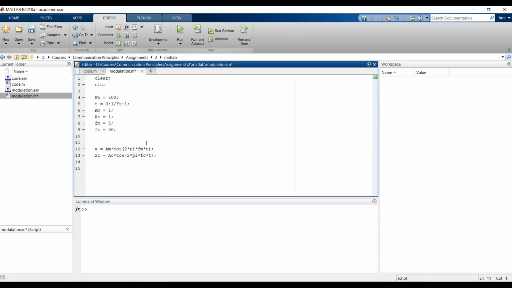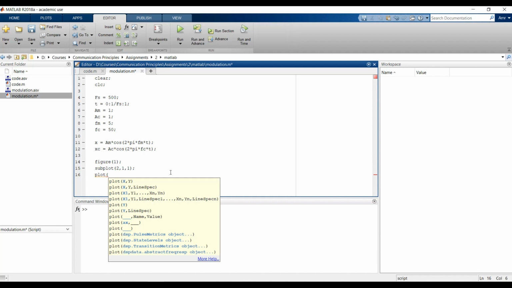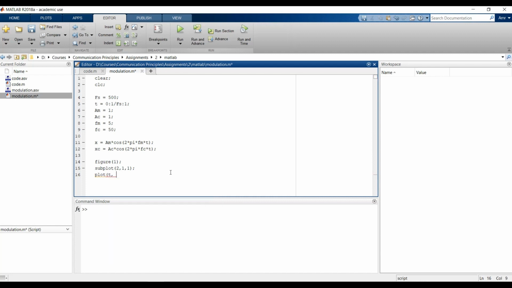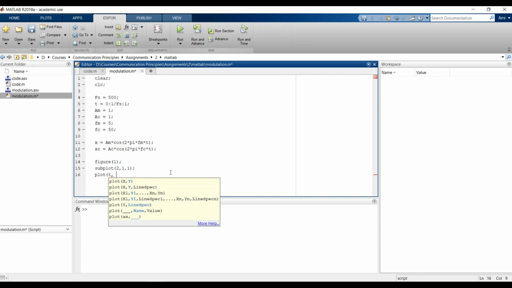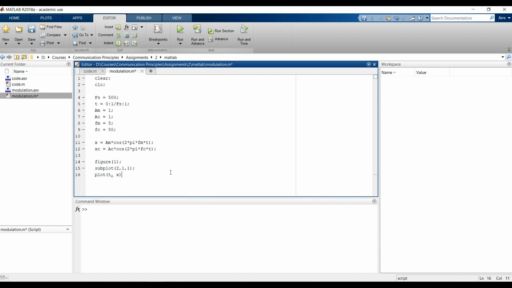And then we can later on display these two together. So to do that, I'm going to first indicate that this is figure 1. And then I'm going to subplot in order to display them together. Then I'm going to plot our x-axis has to be there first, so time, and then we have our x as our signal.